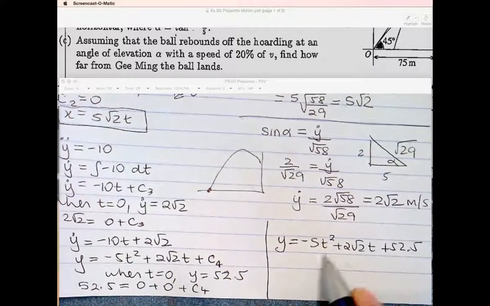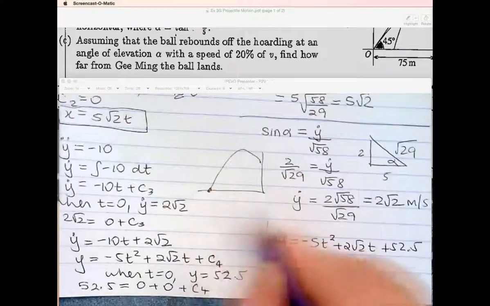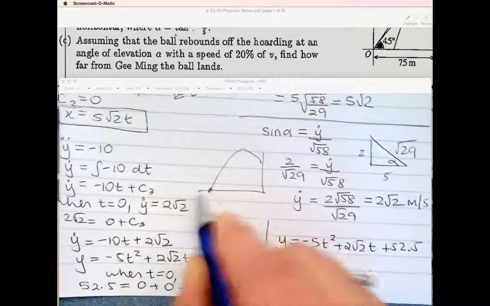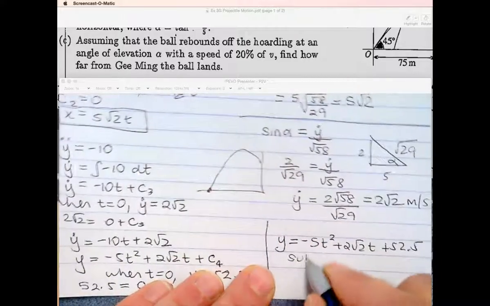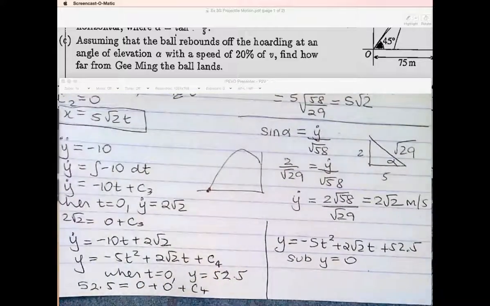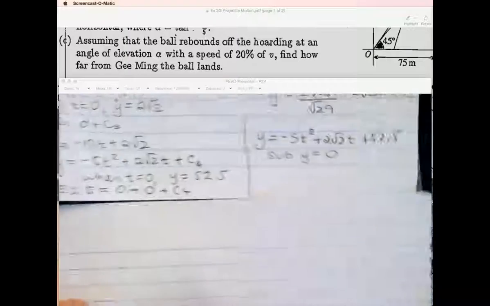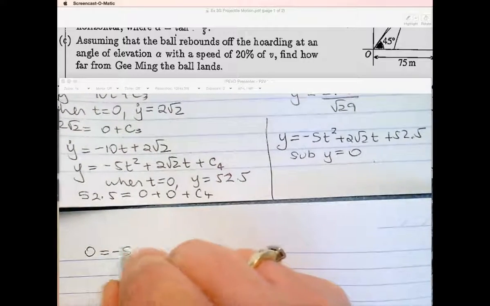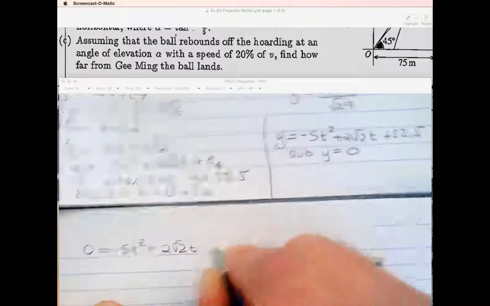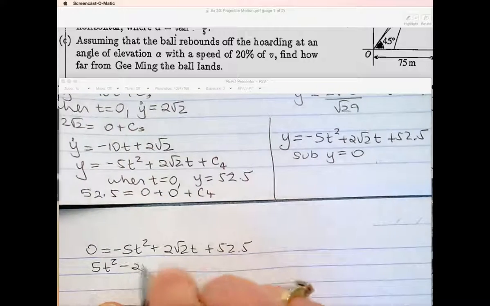Y. So you substitute y equals 0 into this to get the time, and then you substitute the time into the x equation to get that distance, and then you minus it from 75. So sub y is 0 into that, and we get 0 equals negative 5t squared plus 2 root 2t plus 52.5, making the a positive.